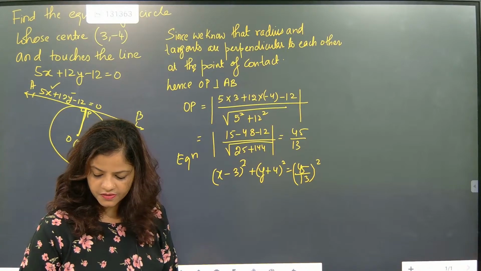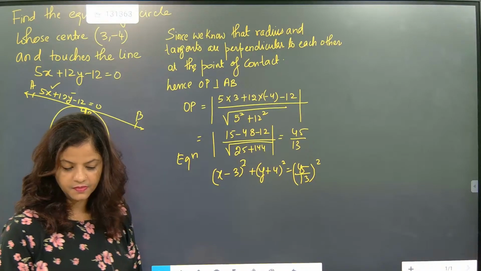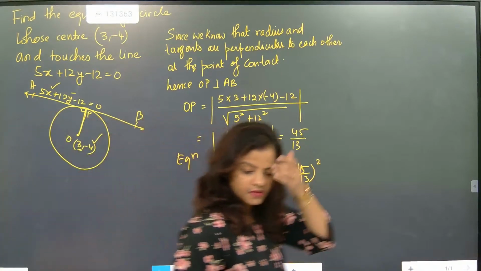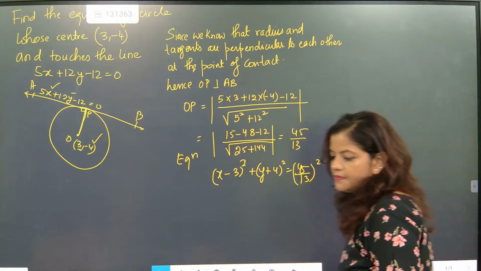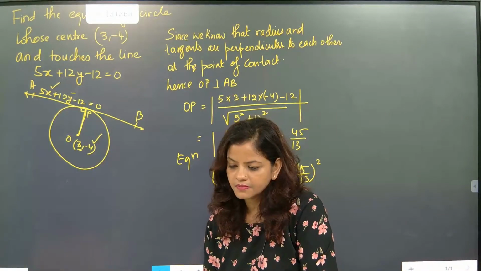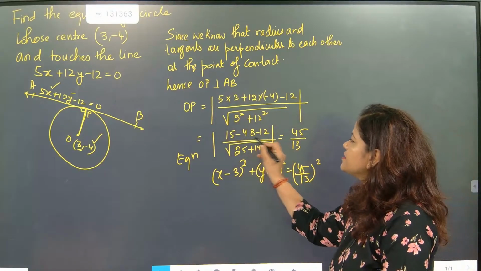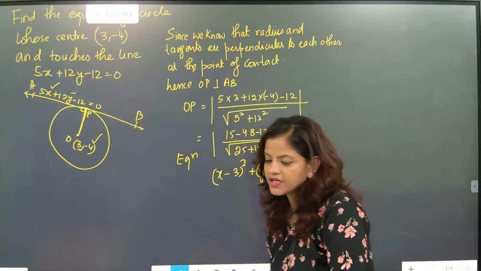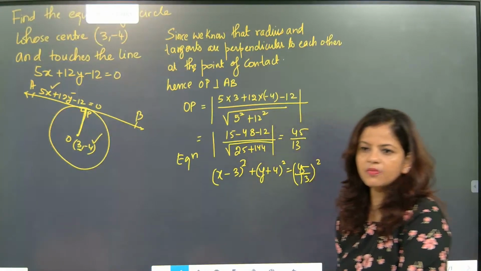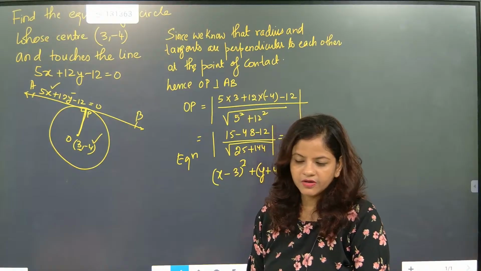Check one time, beta. If you subtract, it is coming 60 minus 15, which is 45. Nishika, how much is the answer coming? 45 by 13 only is coming.